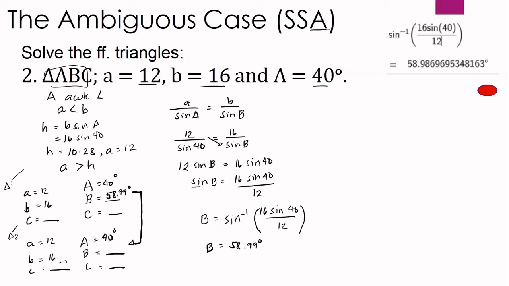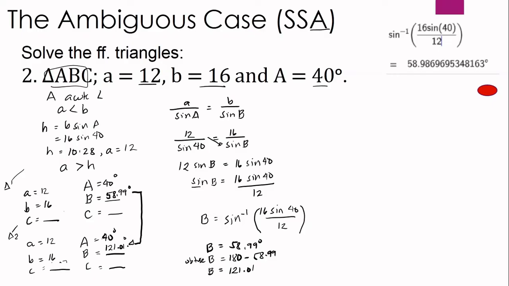So magkakaroon lang tayo ng 180 minus 58.99, at yun na yung obtuse na angle B. The answer is 121.01. So the angle B in our triangle number 2 is 121.01 degrees.